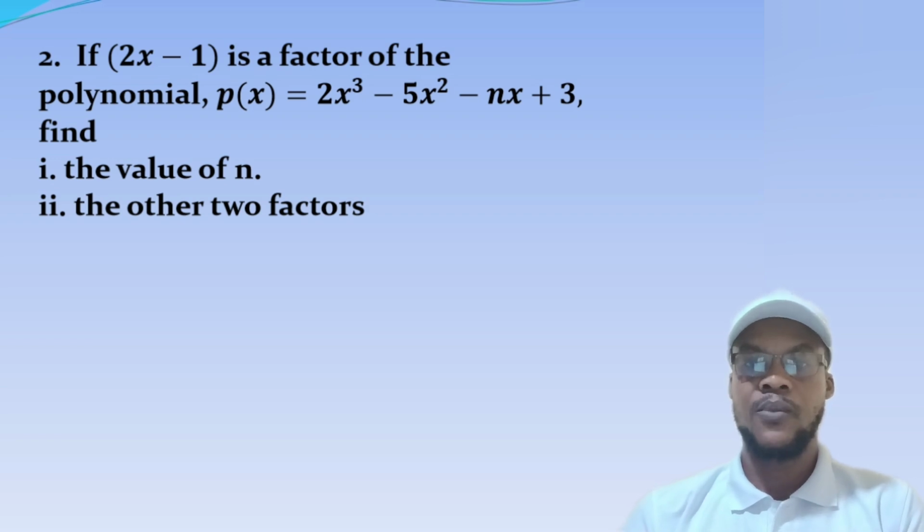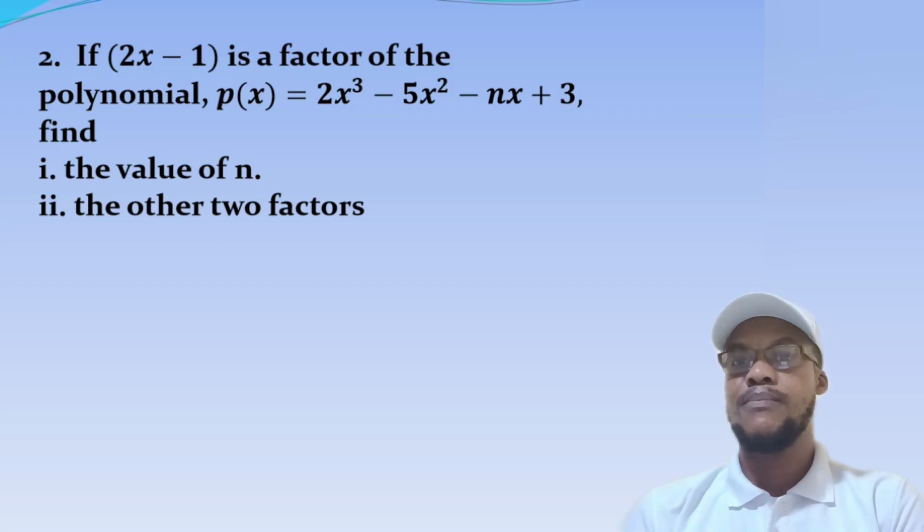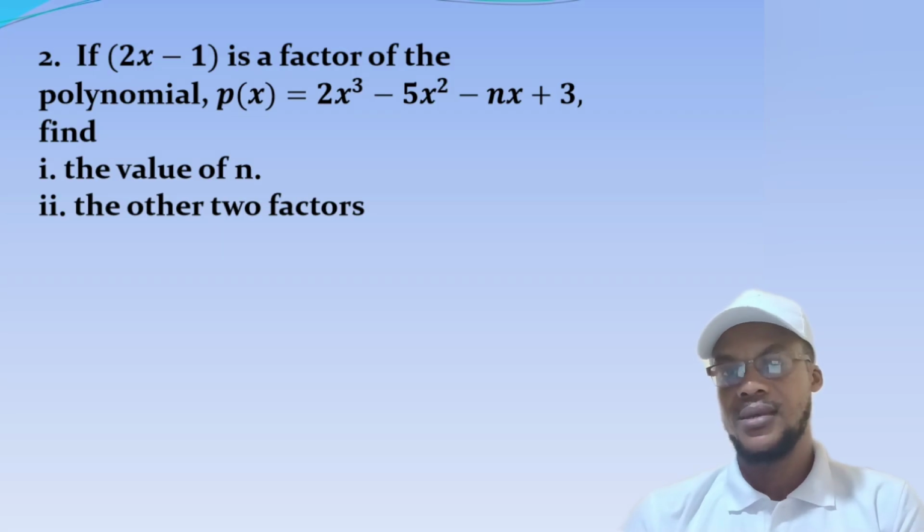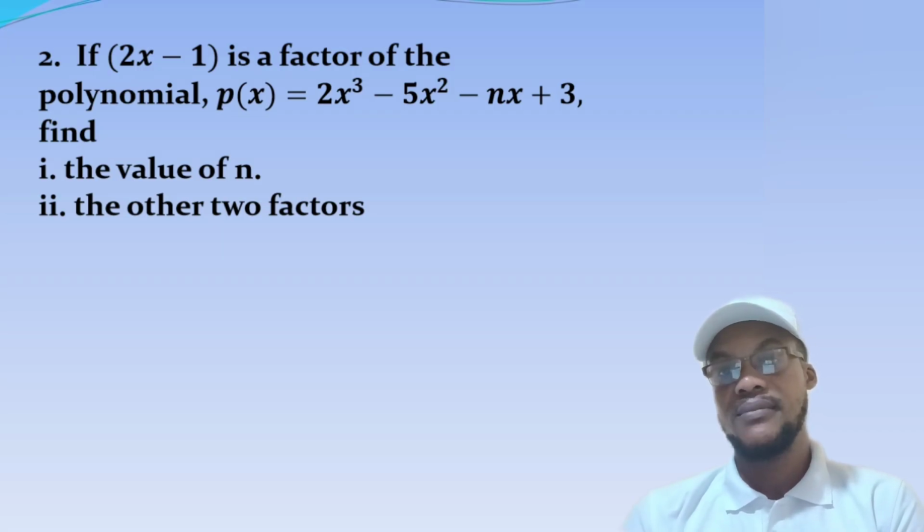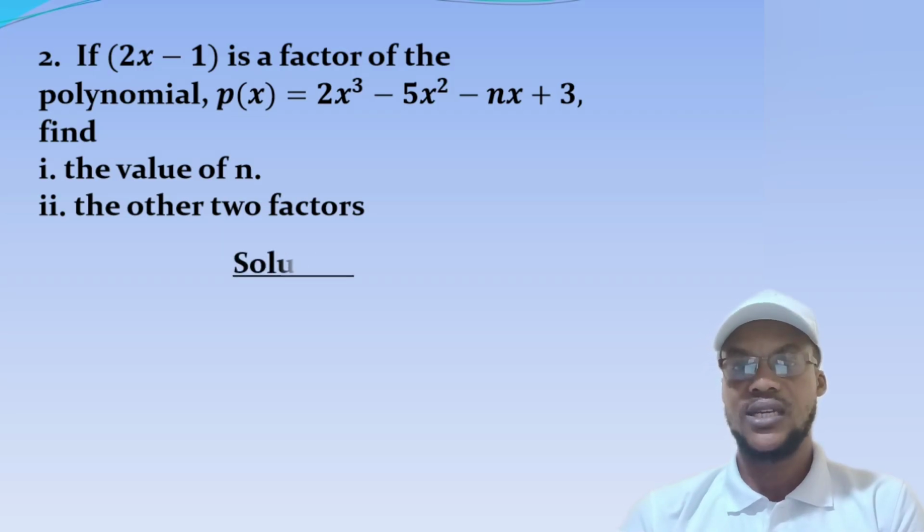So as we are saying, if 2x minus 1 is a factor of p of x, then the remainder should be what? 0. Yes, the remainder should be 0. So that means when we divide p of x by 2x minus 1, we should get a remainder of 0.